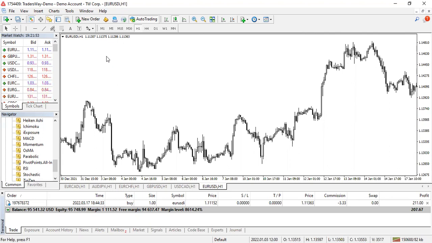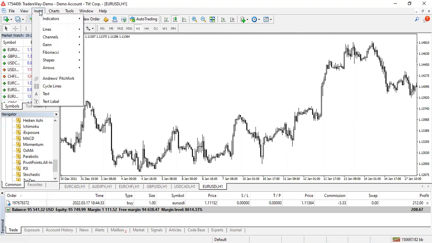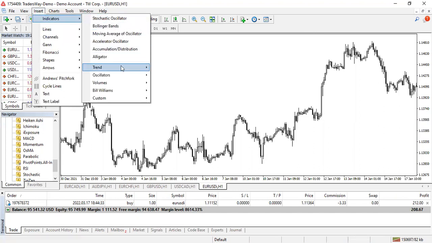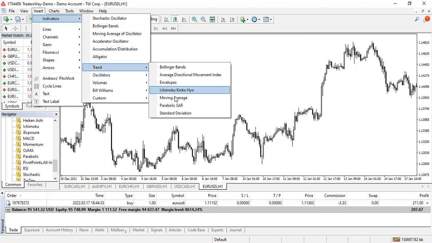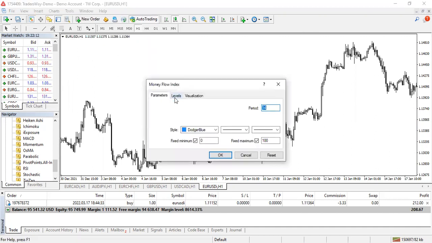So if I want to take any indicator, I'll come here under Insert, then Indicators. We have trend indicators, we also have oscillators. So let us use moving average, the 200 moving average.